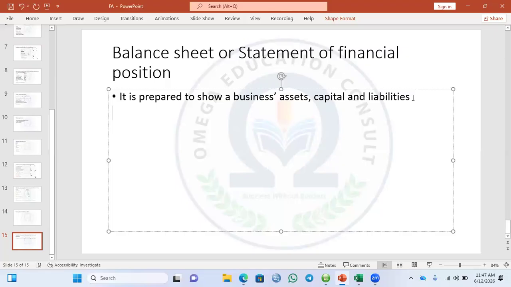But you also know that the assets are categorized into fixed assets and current assets. Now the fixed asset could be referred to as non-current assets.